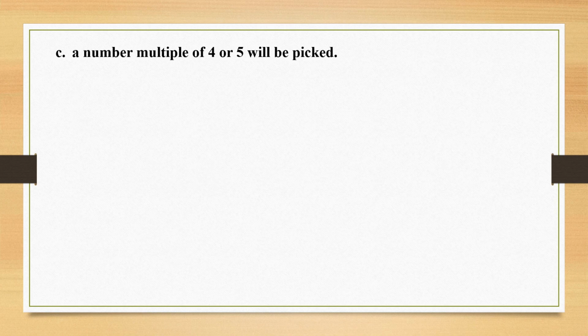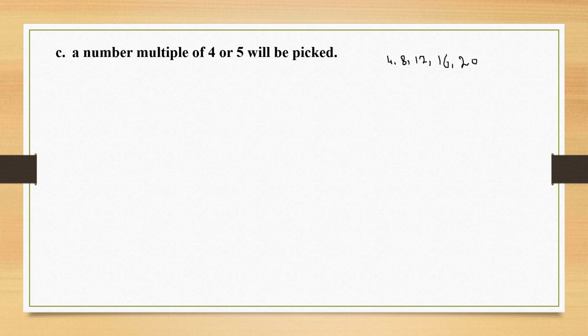Okay, dear student. Now part C: what is the probability that a multiple of 4 or 5 will be picked? First of all, multiple of 4 means just write down the table of 4. So 4, 8, 12, then 16 and then 20.